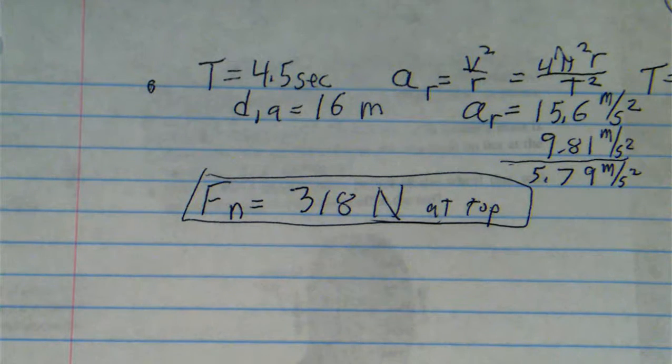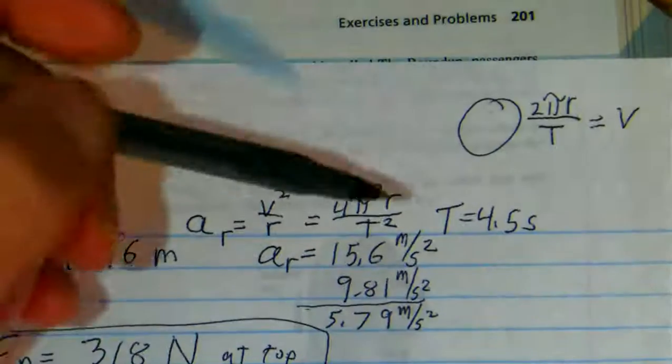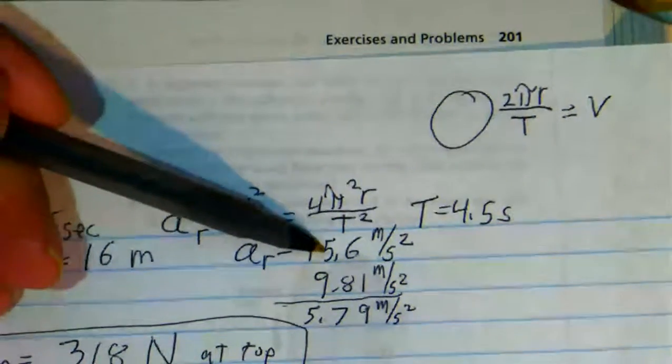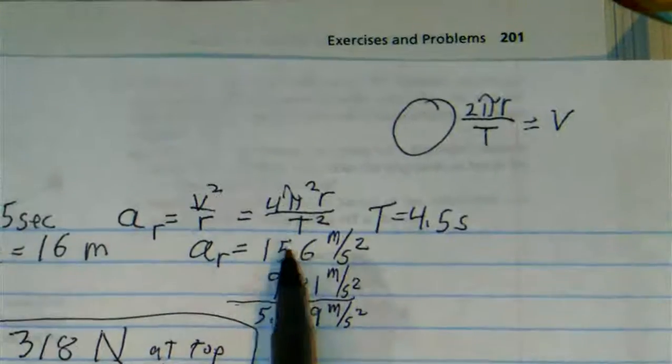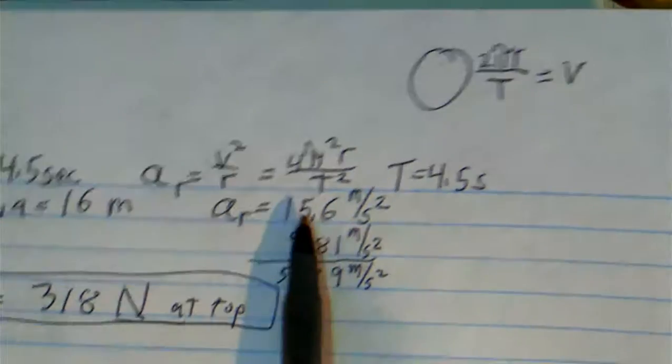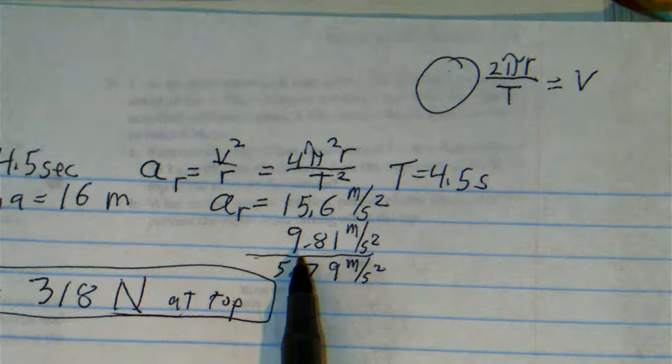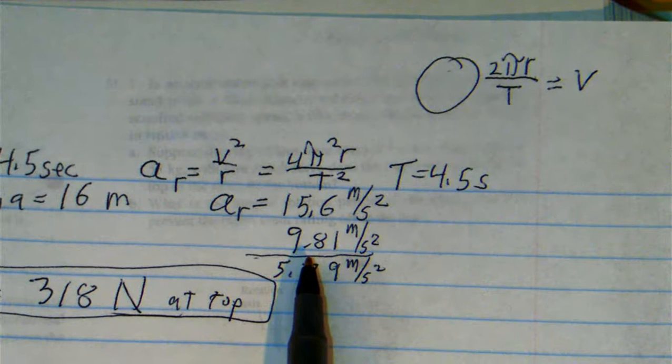At the bottom of the ride, we need a centripetal acceleration of 15.6 meters per second squared. But we have to overcome gravity. Gravity's not helping anymore. Gravity's fighting against us.